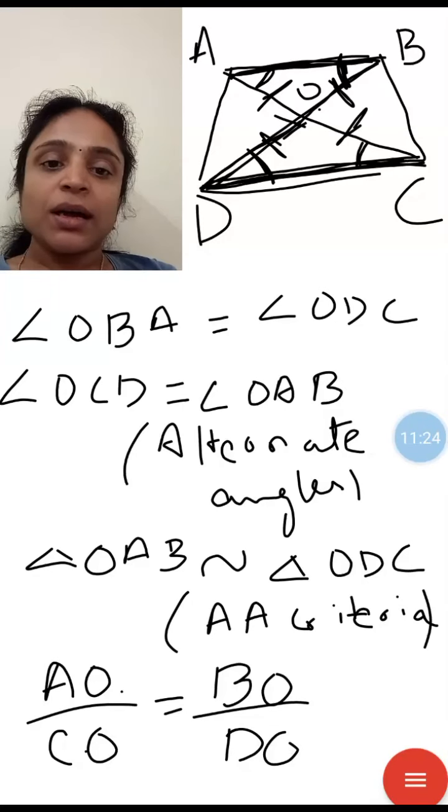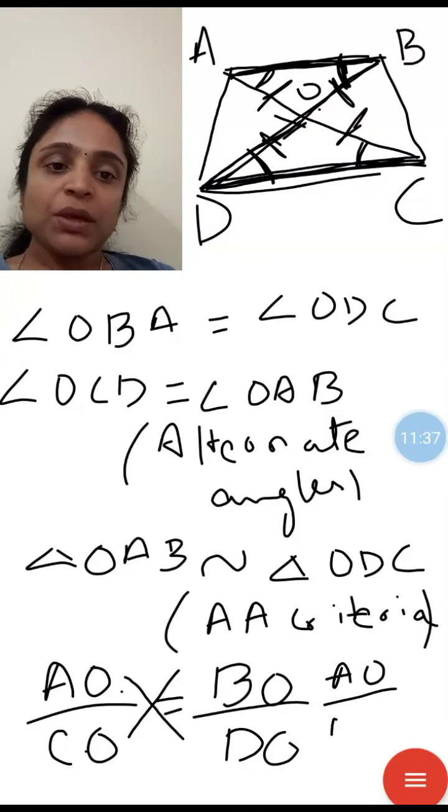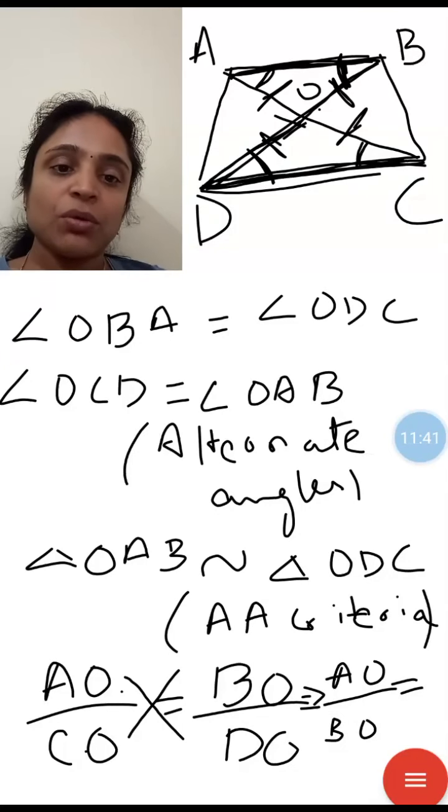If we cross multiply, AO times DO equal to BO times CO, so this implies AO by BO equal to CO by DO.